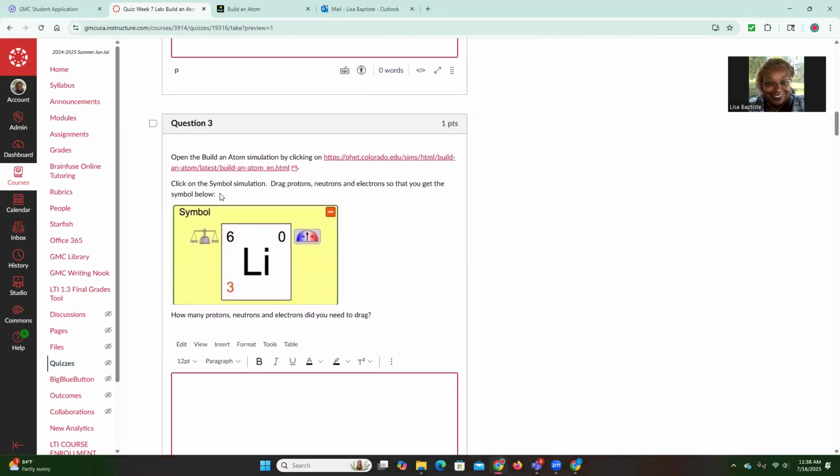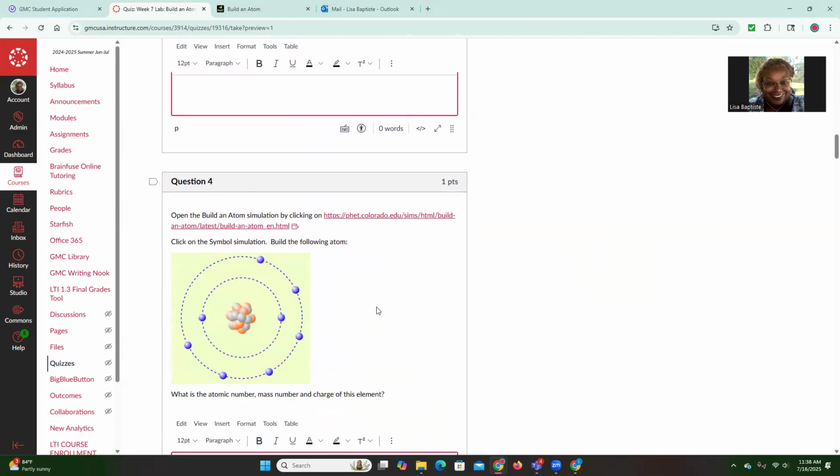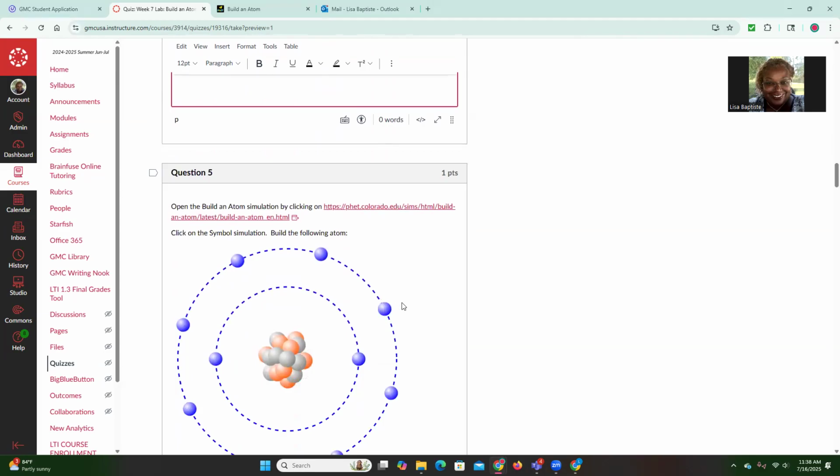And then question number 3, you're going to drag protons, neutrons, and electrons so you get the symbol below. You're still working with the same symbol simulation for that.